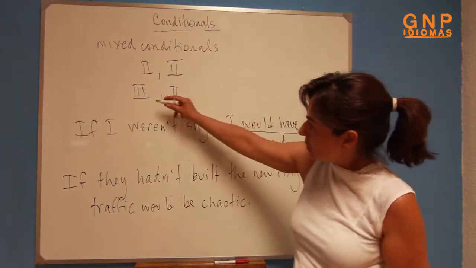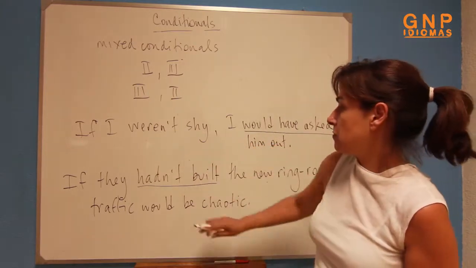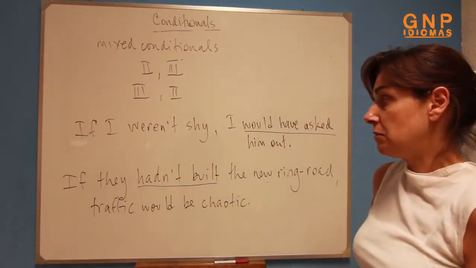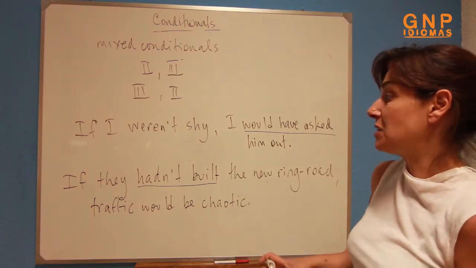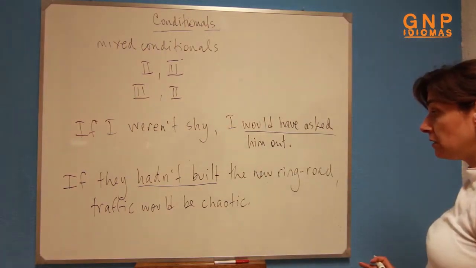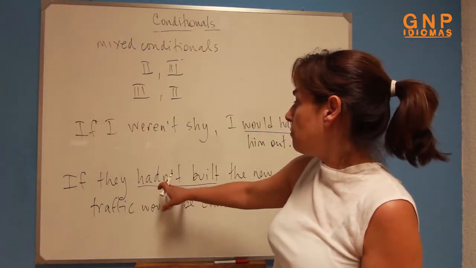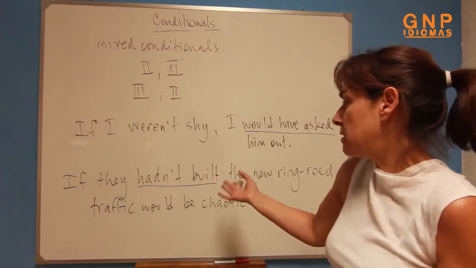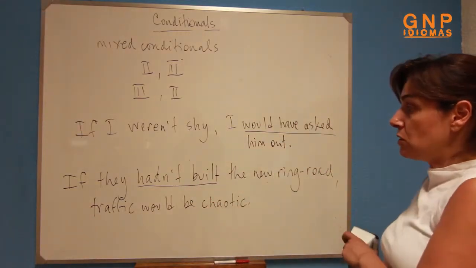So here I have the first part of the third conditional, which is the past perfect. Here, they did build it, so that's why it's an impossible situation. I'm changing circumstances. But if they hadn't built it, traffic would be, this is the result of something that isn't true because it's been built. If it hadn't been built, then traffic would be even worse, okay?